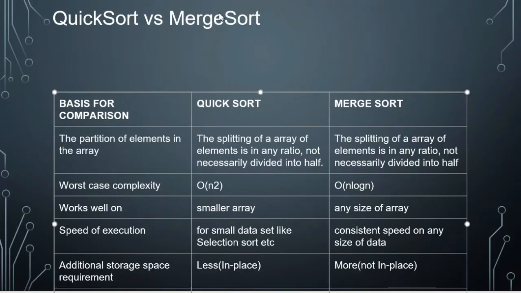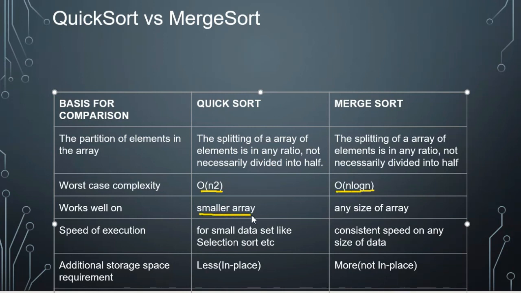Now we see the comparison of quicksort versus other algorithms. Merge sort also uses the divide and conquer technique of splitting arrays, and the time complexity of the worst case will be n squared in quicksort, and n log n in merge sort.